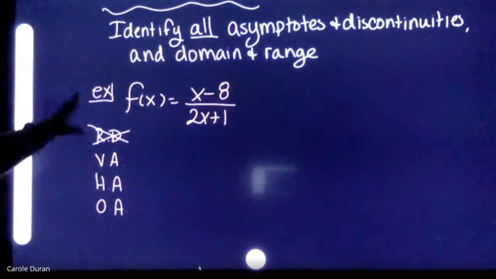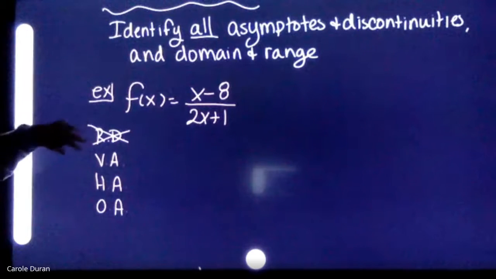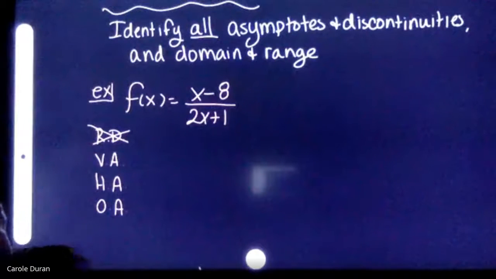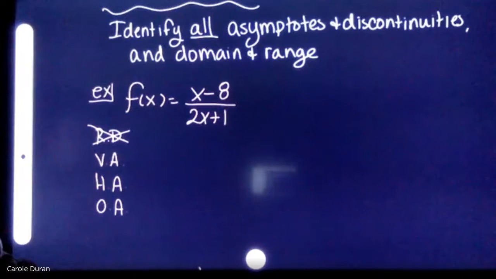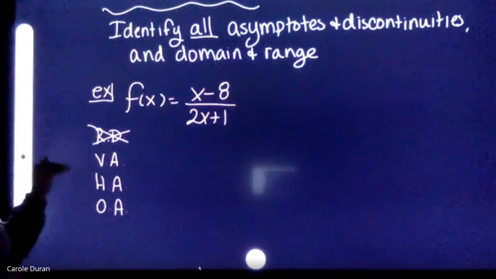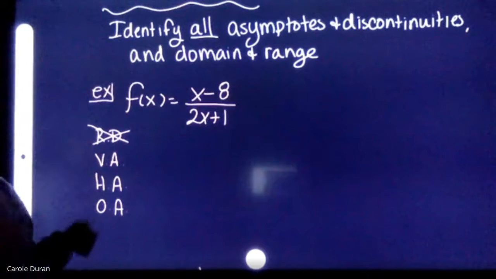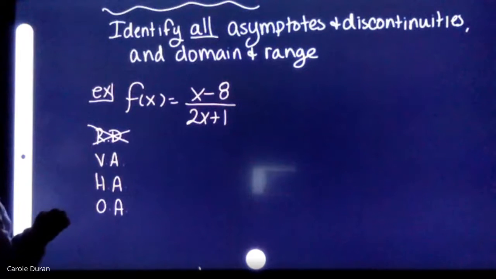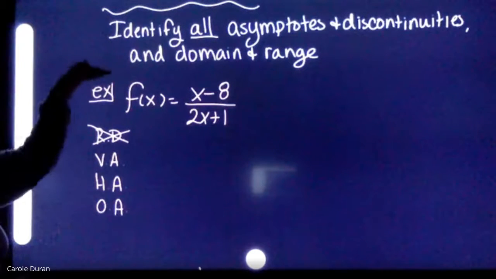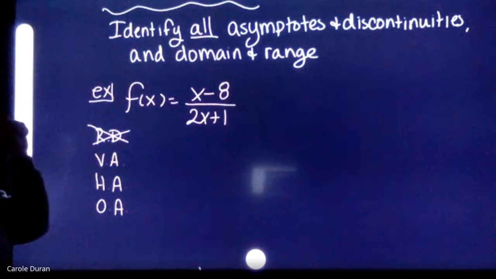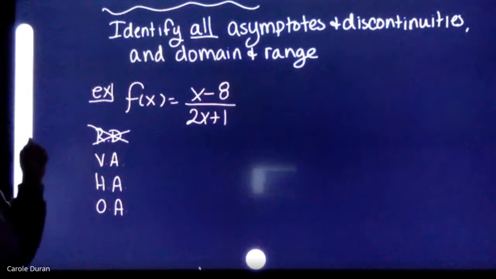Fantastic. Okay, so again, the removable discontinuity does not exist because I didn't have any x squares anywhere. After the removable, I move on to my vertical. Vertical only exists when what goes to 0 or equals 0? Is it the numerator or the denominator? Come on, guys.